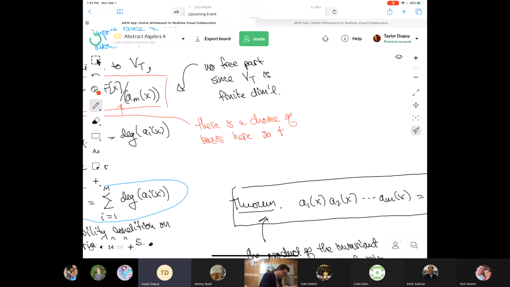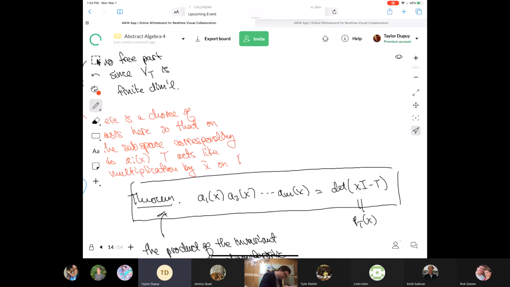So that on the subspace corresponding to a_i of x, T acts like multiplication by x bar on this space.